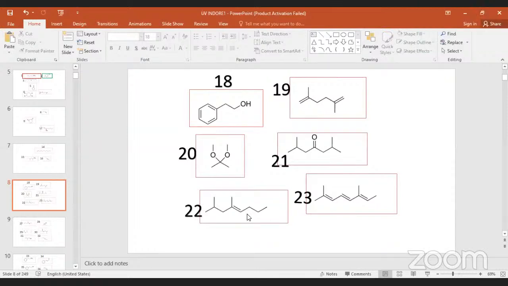21. 2,6-dimethyl, contains 4-pentanol. Madam, first you check the linear chain. Heptanol, 7 carbons are present. Okay, madam. Next, you check the branched chain and the functional group.